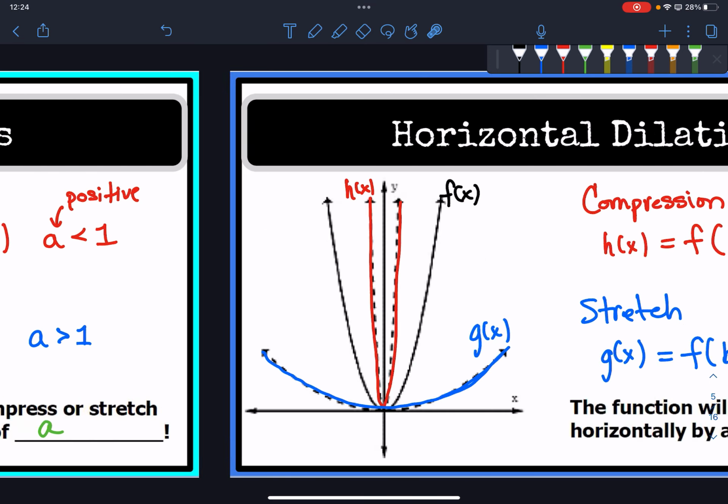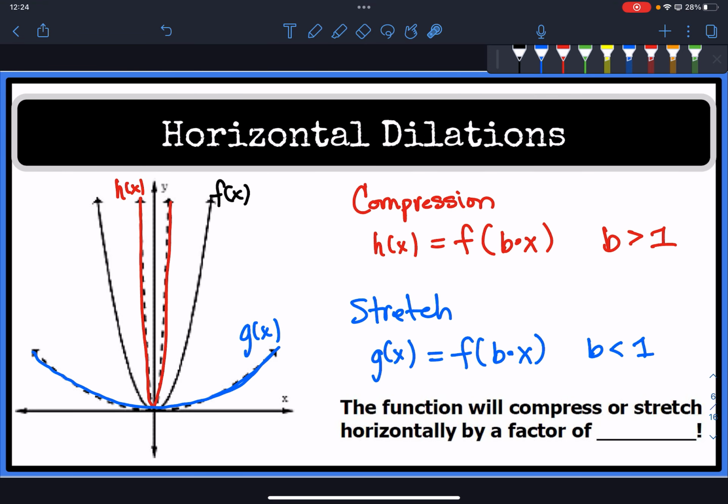So the same idea happens here, but it looks backwards on this one. On the inside, it looks like we're multiplying and stretching it because we're multiplying by a number greater than 1, but it's going to compress it and make the graph skinnier. And what looks like multiplying by a number less than 1, which we'd think should compress it, actually does the opposite and stretches it.